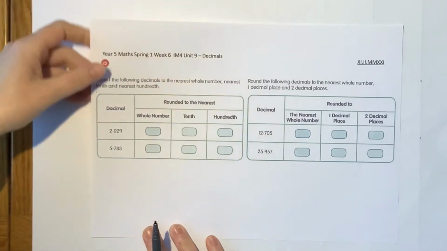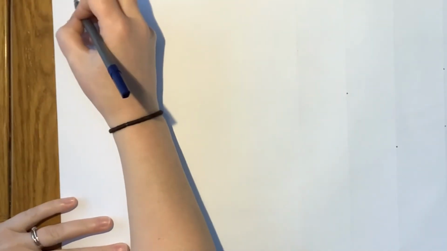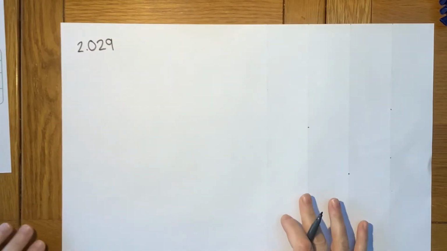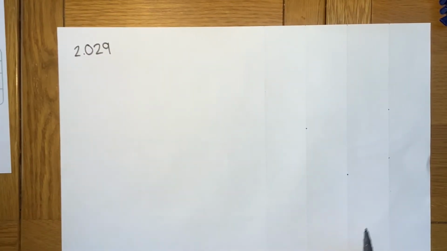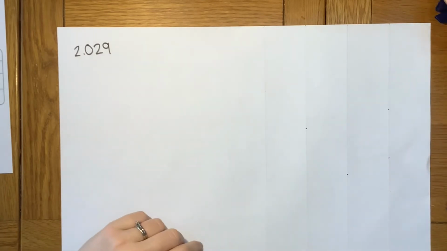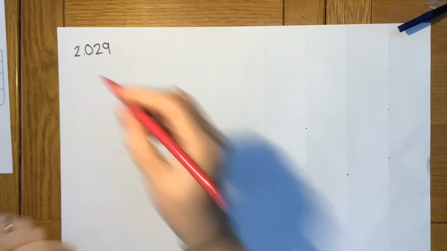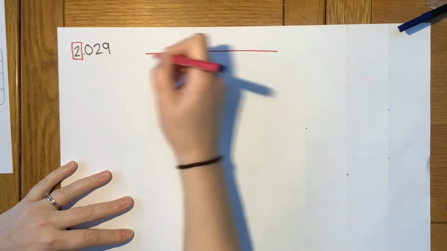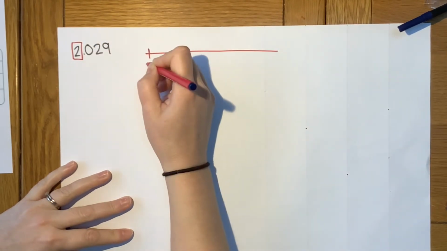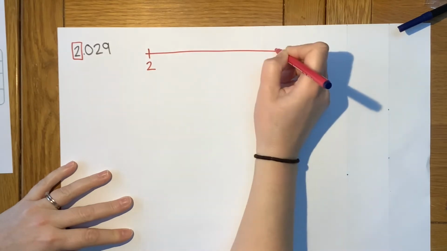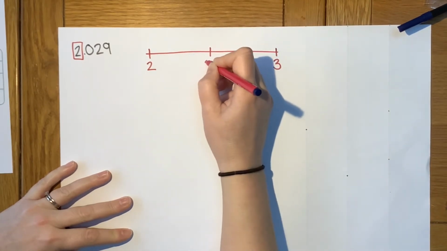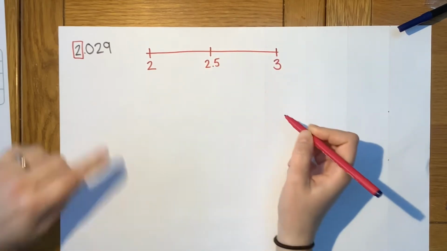So 2.029. Let's put the number here first. We have to round it, first of all, to the nearest whole number. So I'm just going to change colours. This is my whole number, 2. So when I'm doing whole numbers, I'm going to put 2 this end, and then because I'm going up in wholes, 3 is going to be there. 2.5 is halfway.